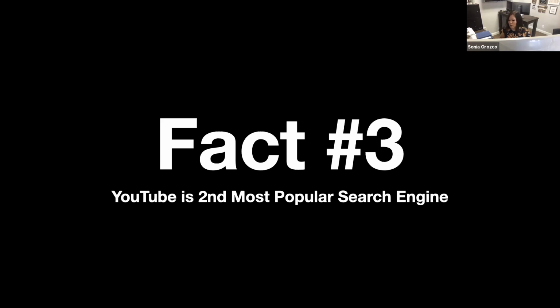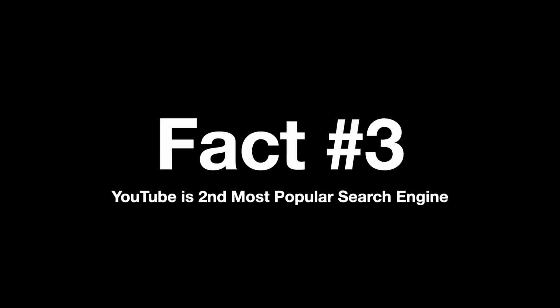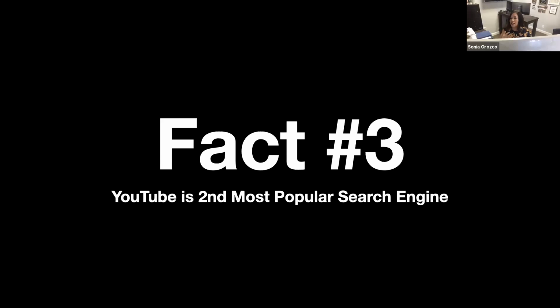Does anybody know? Yeah, Google, which is its sister company. So they're at the top. So the more content you're putting into YouTube, the more likelihood you will come up in a search as well. So again, keywords, all of that is important, and we'll go over all that stuff.